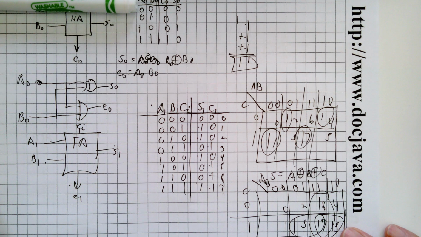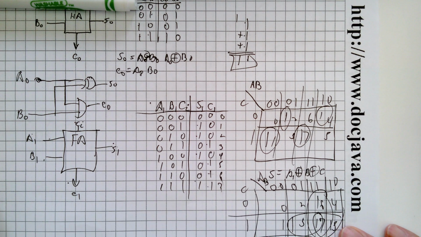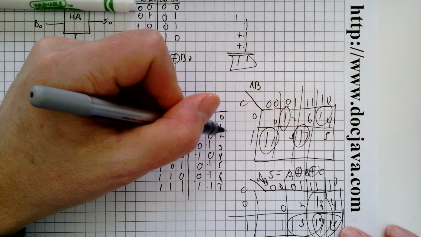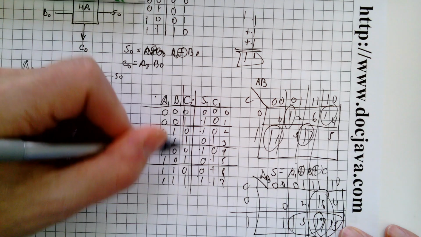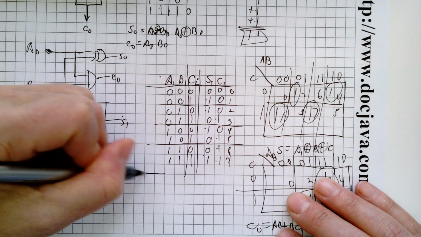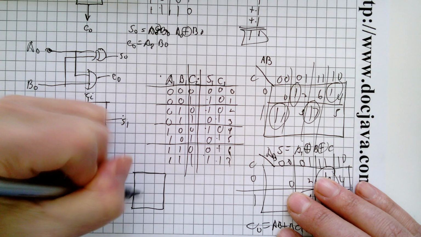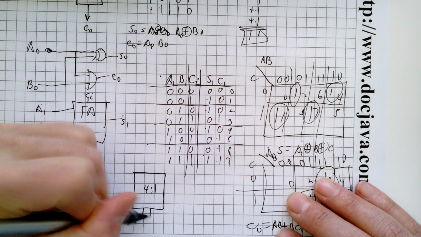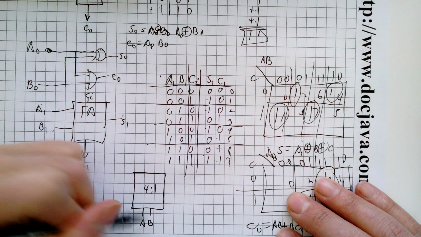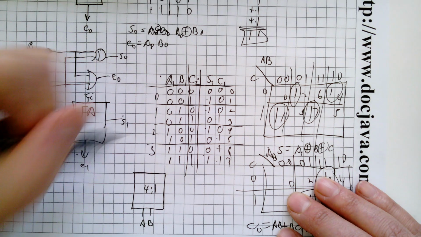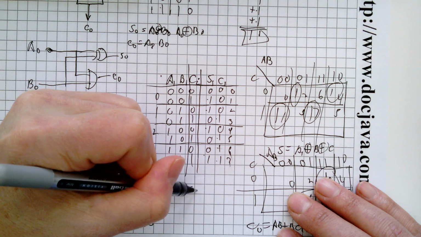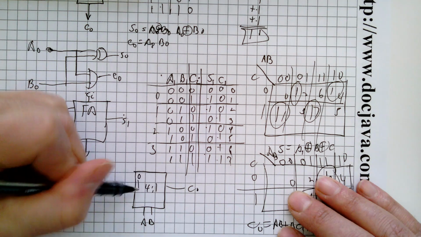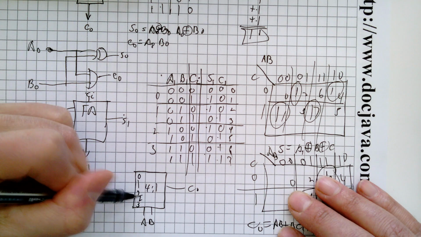Well, you could implement it with a multiplexer. Could probably do it with a 4-to-1 multiplexer. Right? You could group it 2 at a time. Right? And then you could say, well, here comes my carry. And then 0, 1, 2, 3.